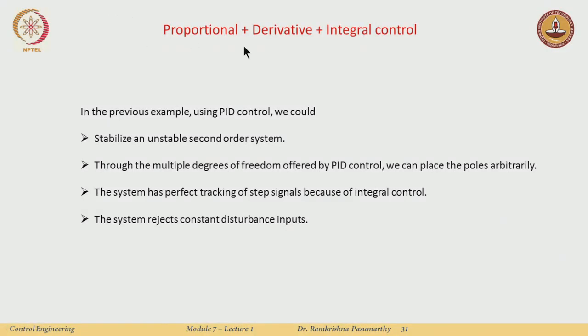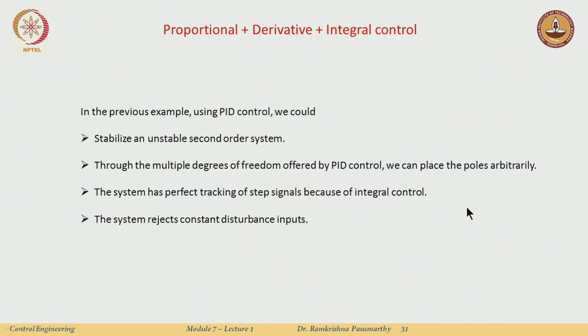Okay. So, just to summarize what we have learned in terms of proportional, derivative and integral control: we could start with an unstable, second order system and we could stabilize it, right. We could also place the poles arbitrarily, given any choice of zeta and omega n or any performance specifications.